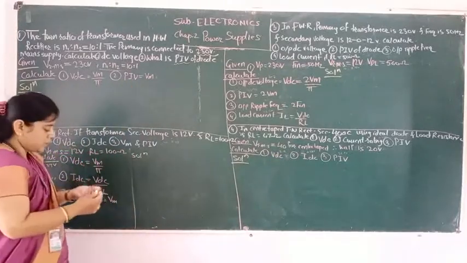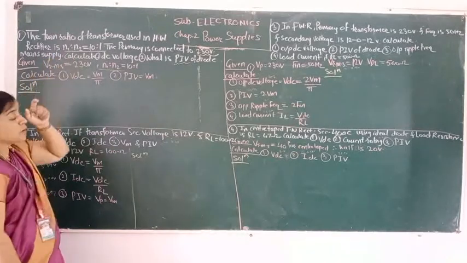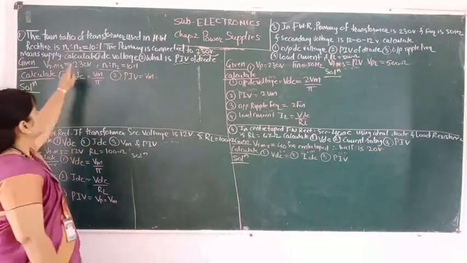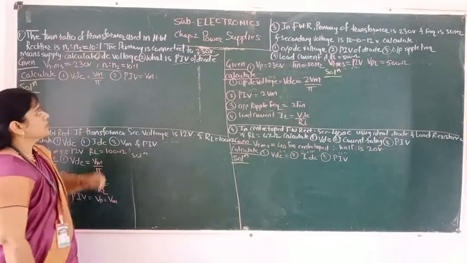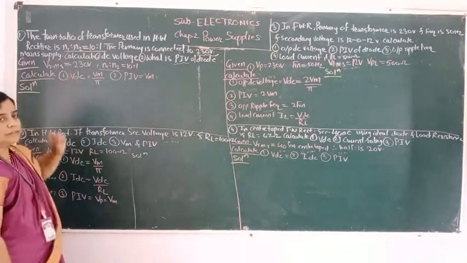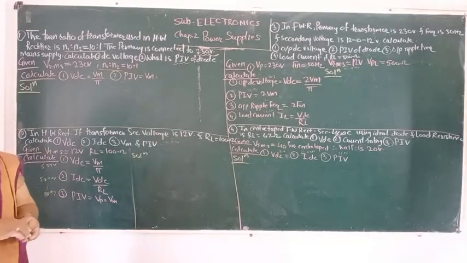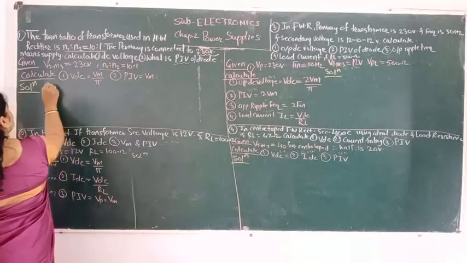So first we will solve. The primary is given as 10 and the secondary is given as 1. We have to calculate first the peak value of the primary voltage. I will write it here.